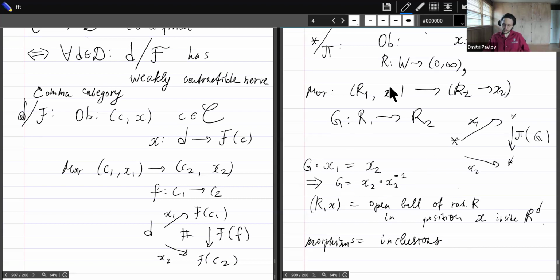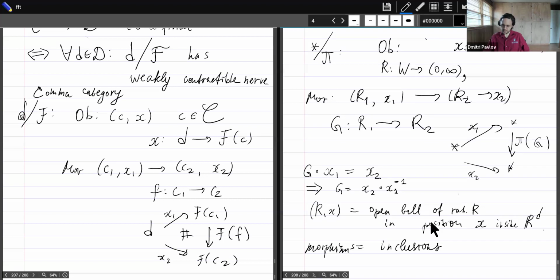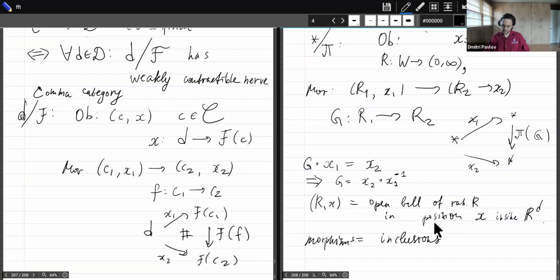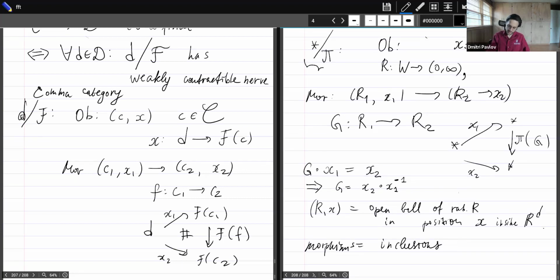Okay, so the geometric interpretation of the comma category is precisely a category, or more precisely, in our case, it's even a poset, whose elements are open balls of some fixed radius placed in some position in Rd, and morphisms are inclusions.